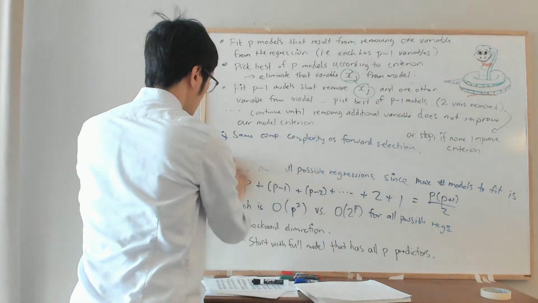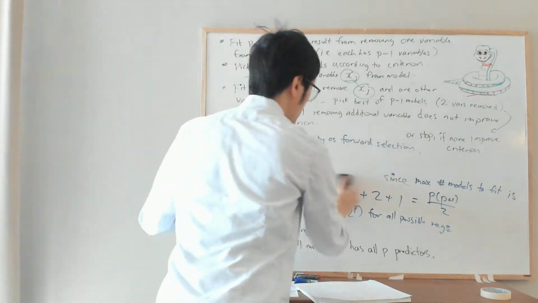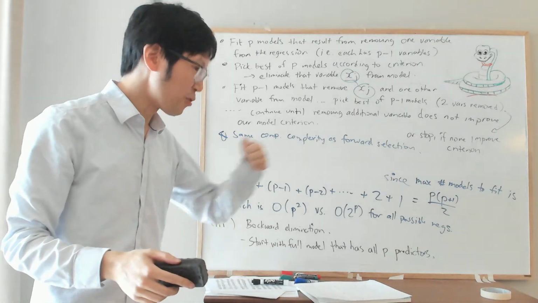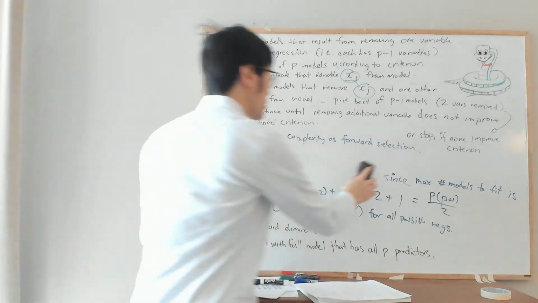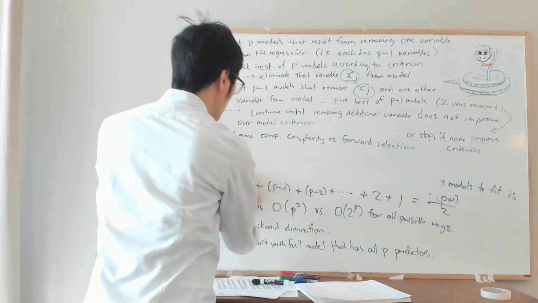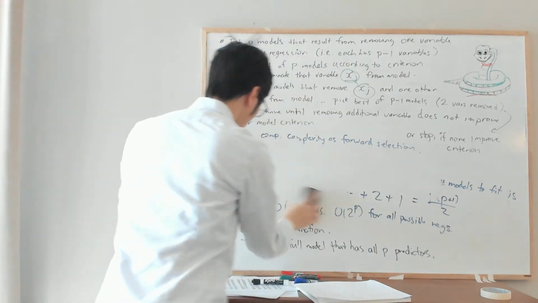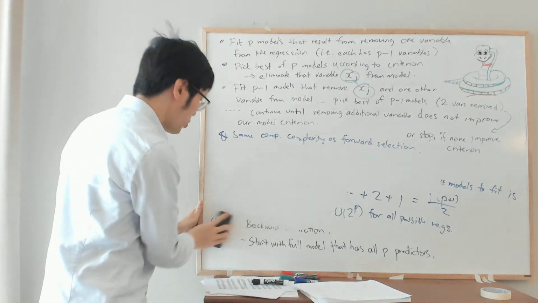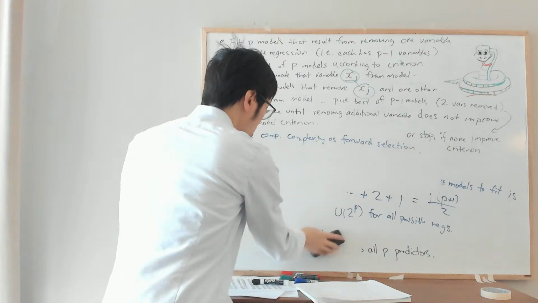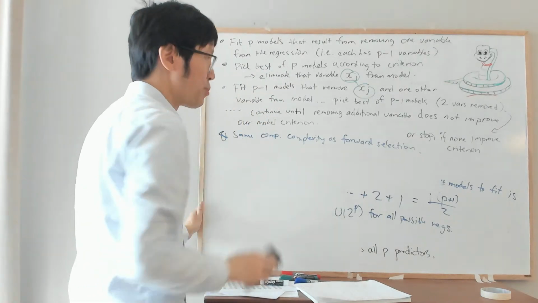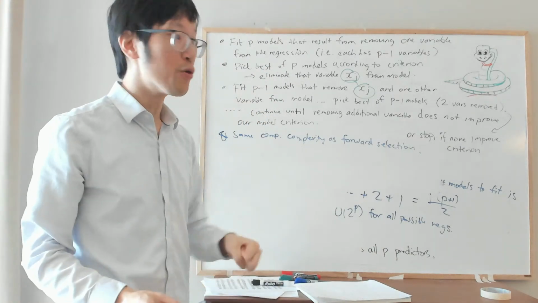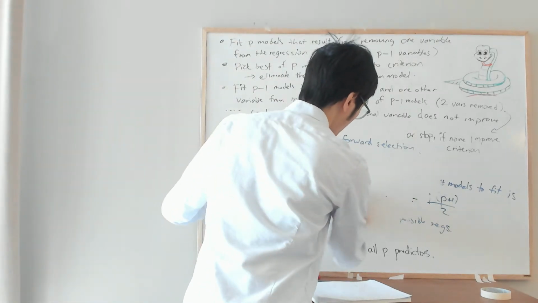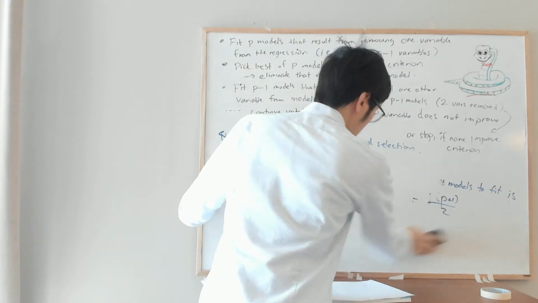Okay, and then the next one is simply recognizing that there's nothing that says we only need to go forward or only go backward. Why don't we combine the two? That could help improve the space of possible models that are searched according to a sequential strategy. It would allow us to both add and remove variables, because sometimes you might not recognize that a variable needs to be removed until something else is in there, and vice versa. So this will help expand our search space to some extent.